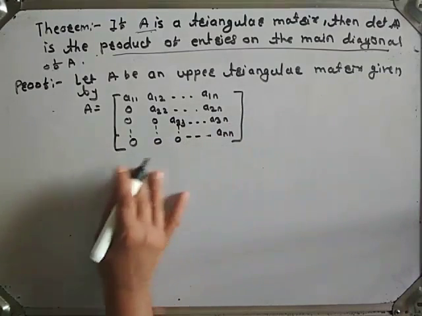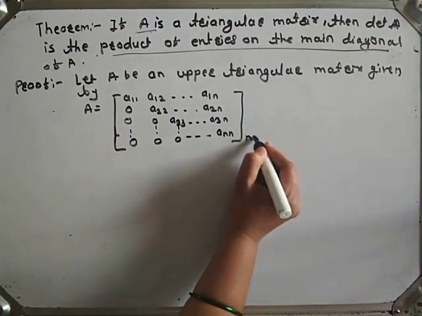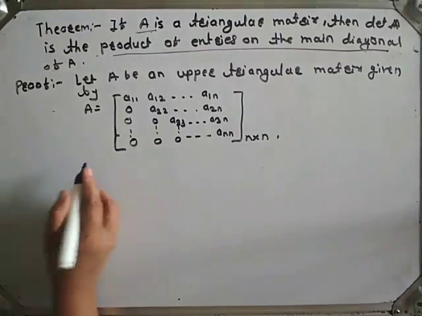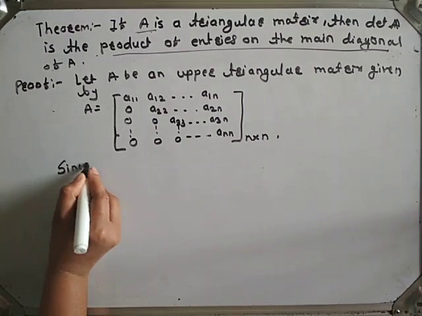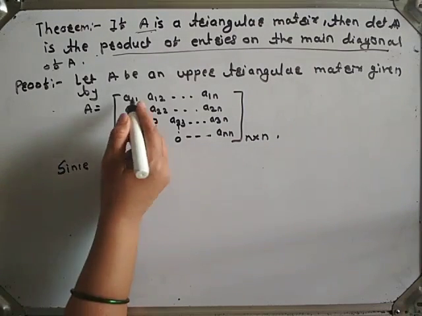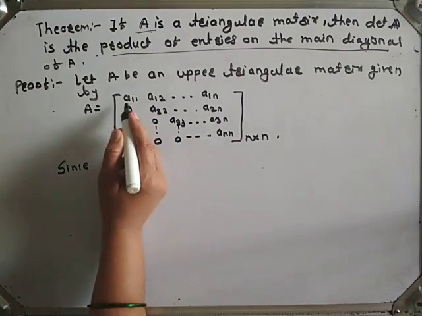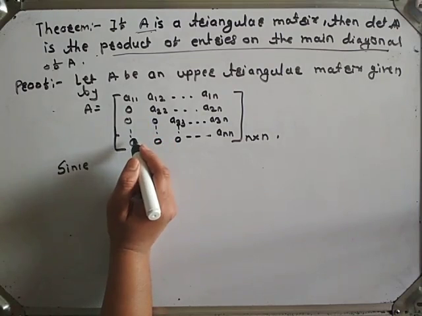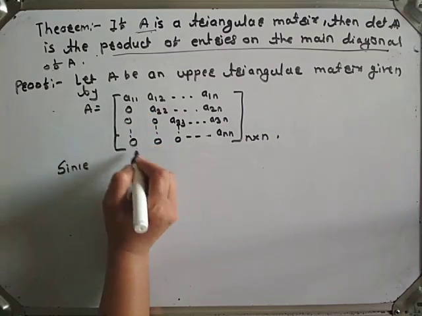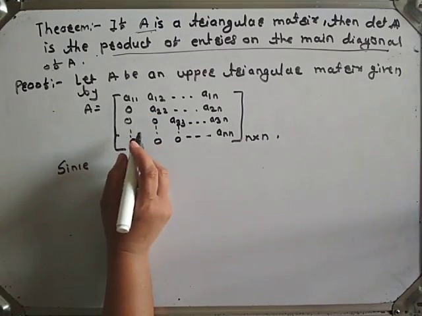This is an upper triangular matrix of order n by n. Here there are more zeros in the first column of A, so we will find determinant of A by using cofactor expansion across the first column.